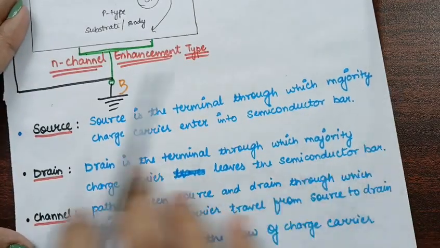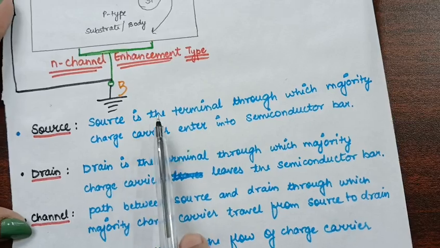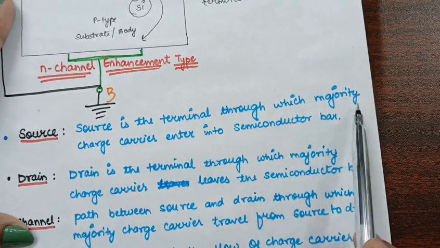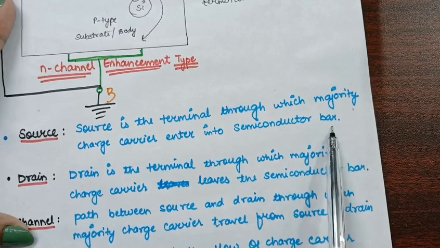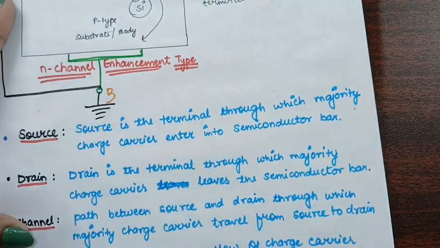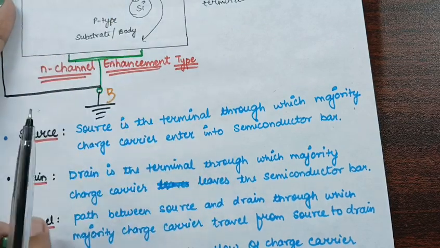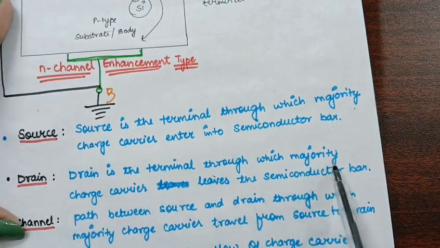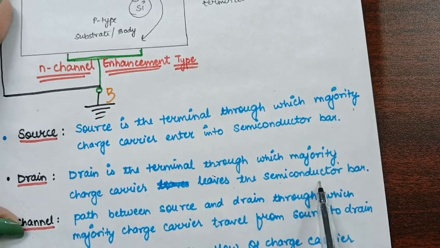Now let's study its definitions. Source is the terminal through which the majority charge carriers enter into the semiconductor bar, and drain is the terminal through which the majority charge carriers leave the semiconductor bar.